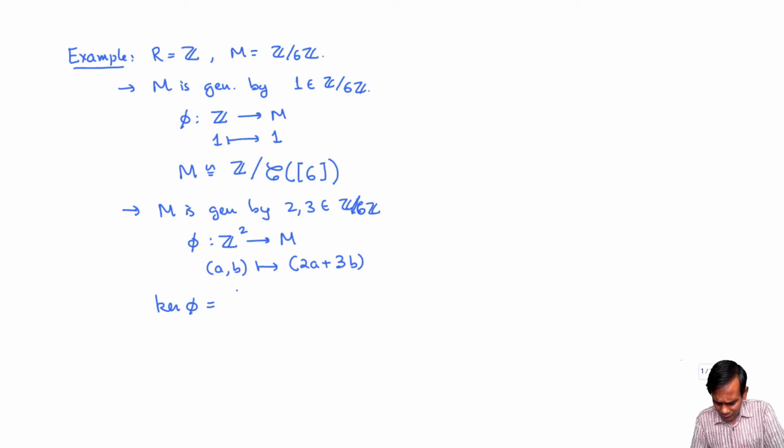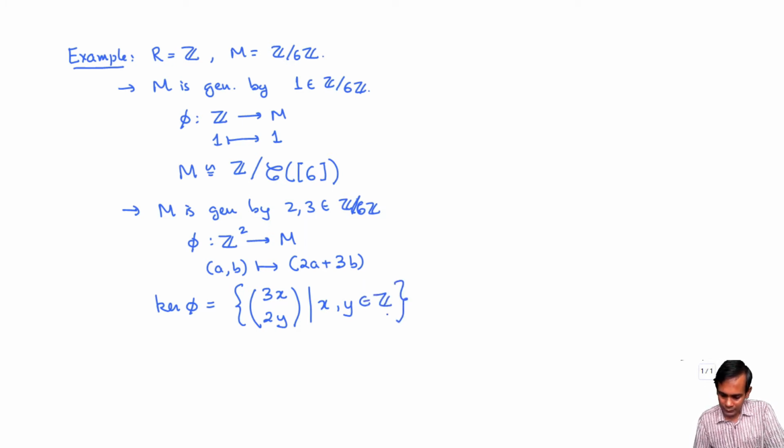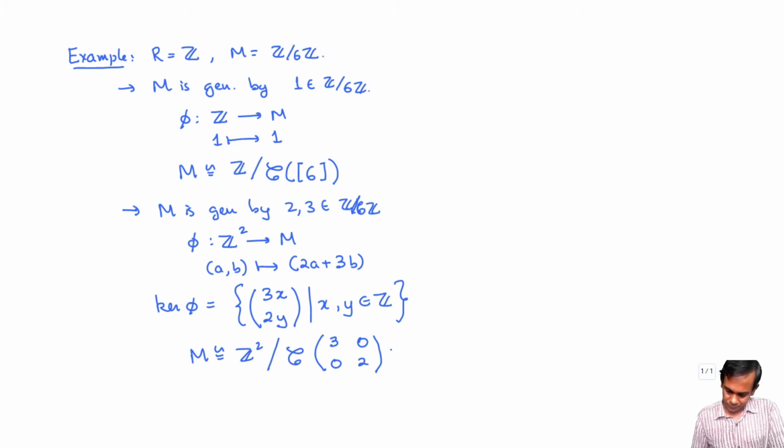In fact, it's not very difficult to show that the kernel of phi consists of vectors of the form (3x, 2y), where x, y belong to Z. And so what we get is M is isomorphic to Z squared modulo the column space of the matrix generated by 3, 0, 0, 2.